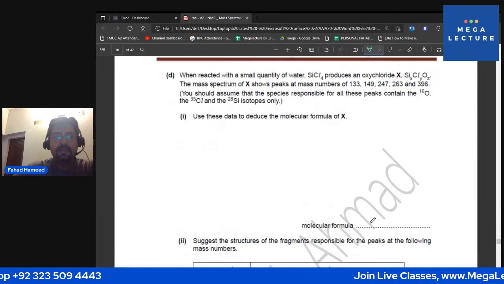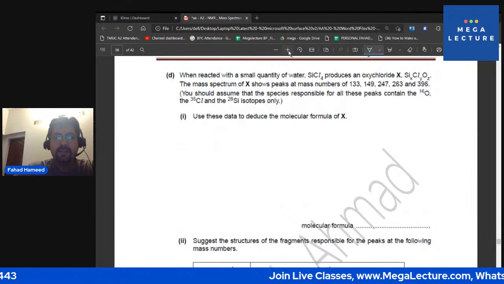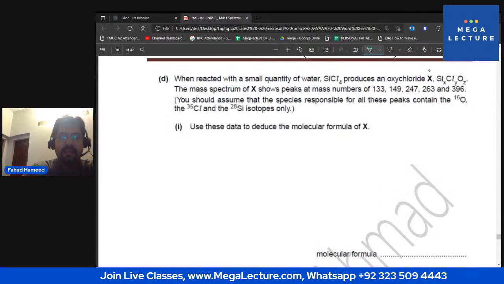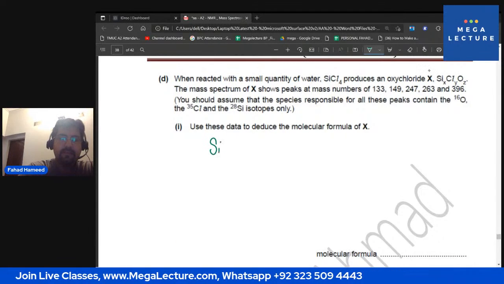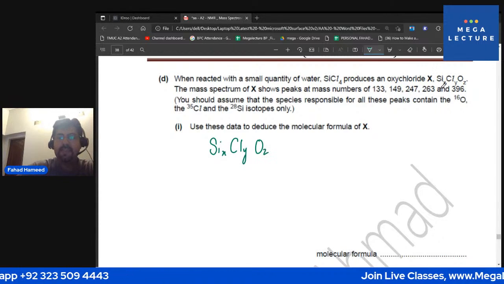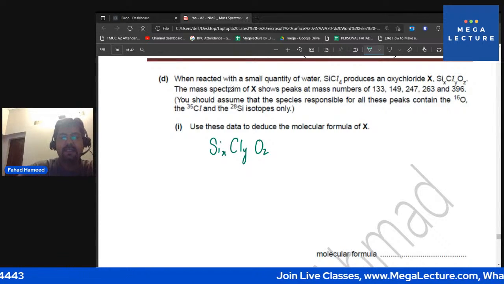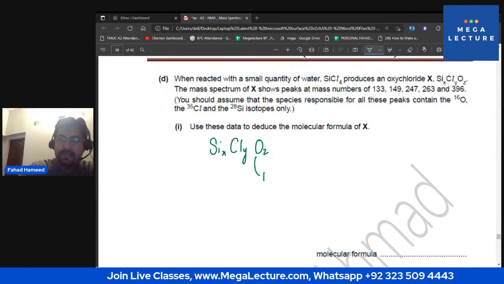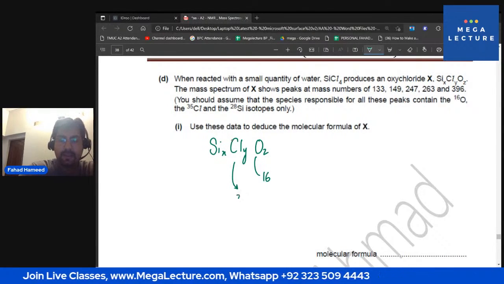This one. I'll just quickly explain what this question is all about. If you read the question, they're saying that you've got Si, X, Cl is Y, and oxygen is Z. And they're saying that the only isotopes you have are oxygen 16, chlorine 35, and Si 28.